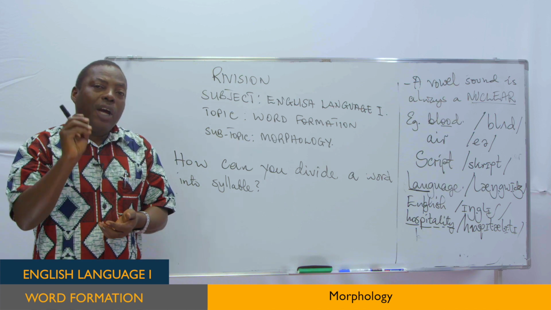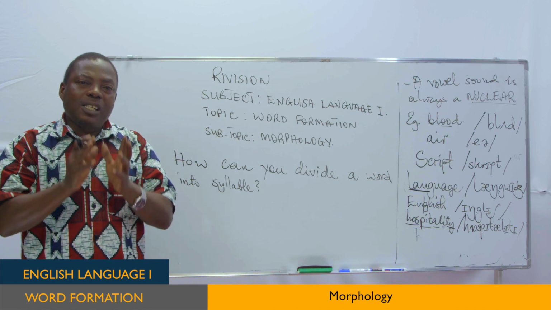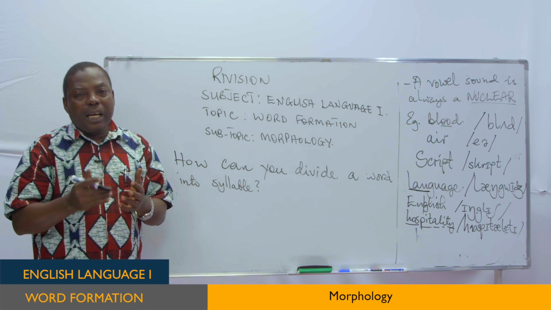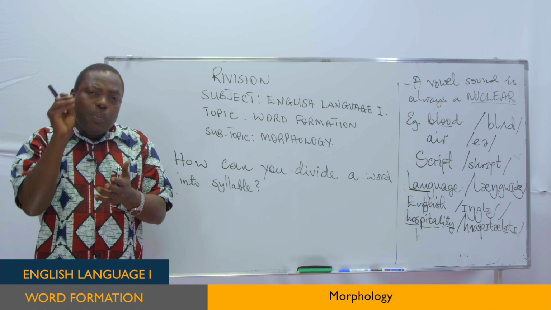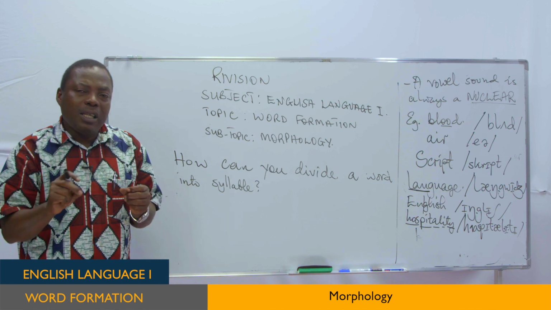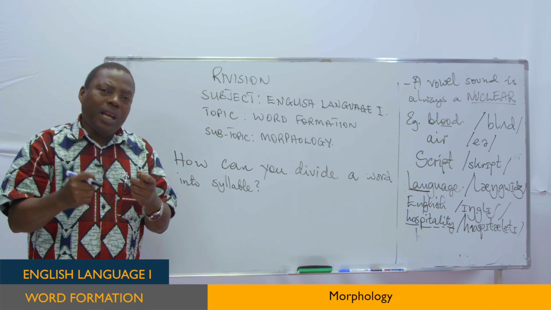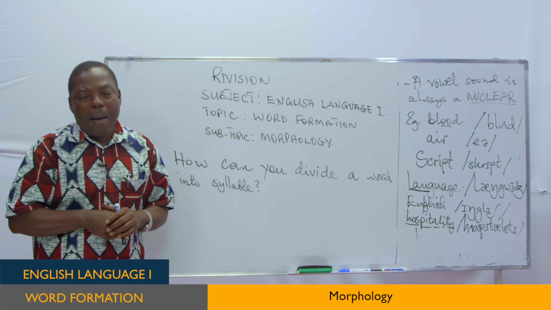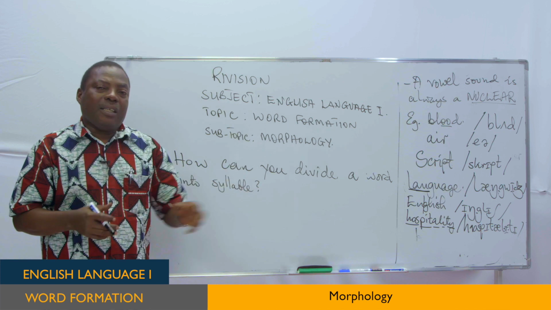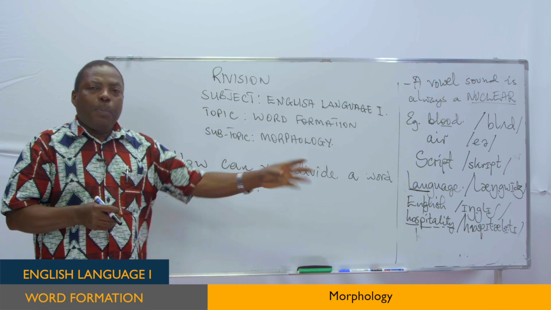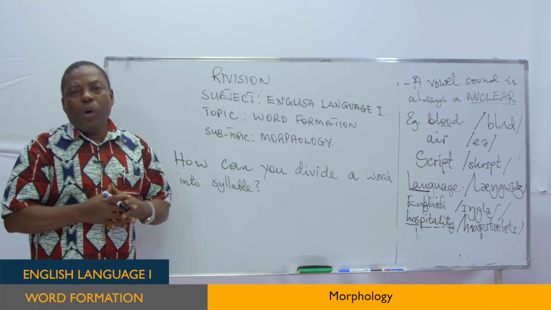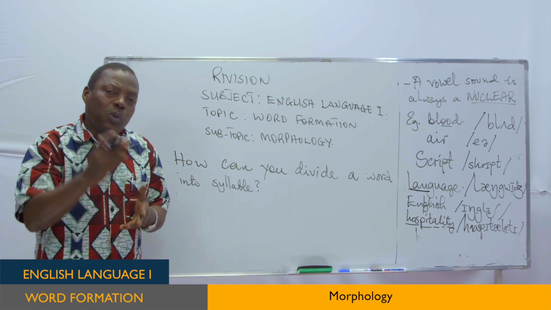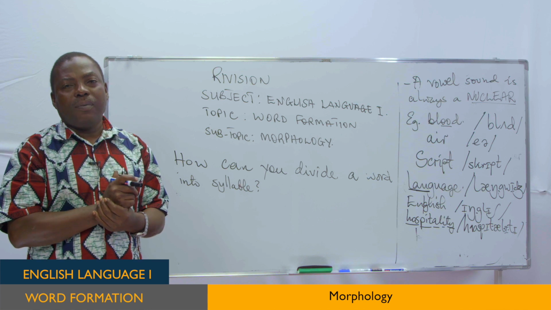It is for you to be able to pronounce that word slowly. The places where you think you can put some short pauses as you pronounce the word, those are the areas where you have to make these syllabic divisions. But when we are writing, the normal spelling, the orthography of a word, how can it help you know this is a place where I can make my syllabic division?